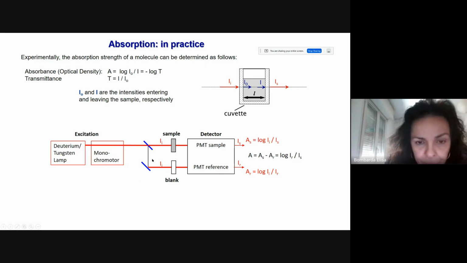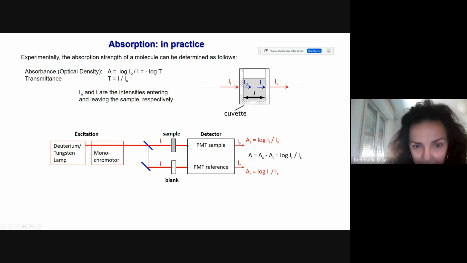The light is divided into two intensities with mirrors, so that the sample and the blank, and we'll see what the blank is, are illuminated with the same intensity. That is part of the instrument quality.